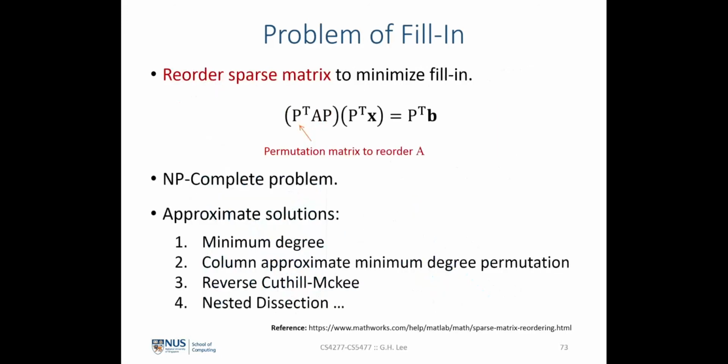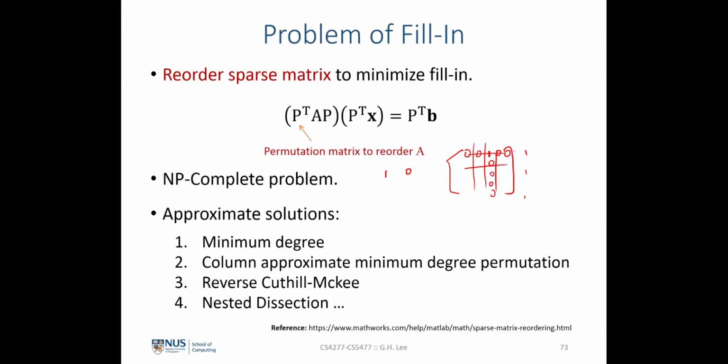One way to resolve this is to reorder the sparse matrix A by a permutation matrix. A permutation matrix simply means a matrix with entries of one or zero, where every column and every row has to sum up to one. This means I have only one 1 in a particular row as well as a particular column.